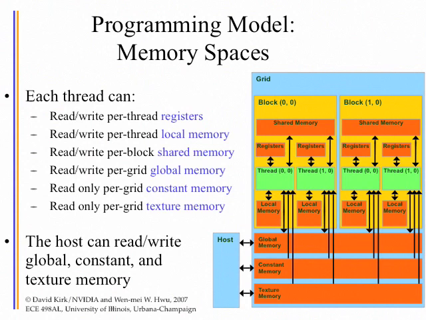Global, constant, and texture are all in DRAM. You can have read-write for global, and read-only for constants and read-only for texture memory. Usually the CPU will initialize the constant and texture memory, and then the GPU will just use it on a read-only basis.